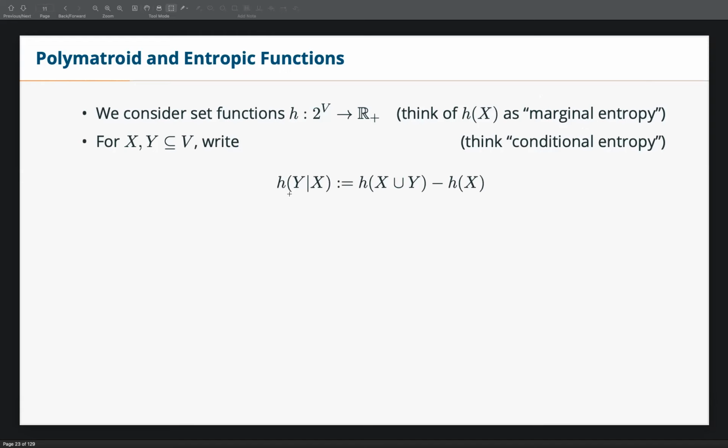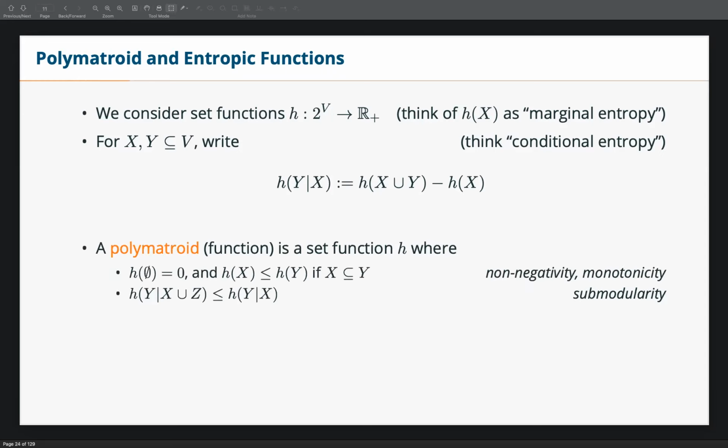So h of y given x, I will define to be just h of x union y minus h of x. But you should think of it as how much uncertainty I have on y given that I know x. So fix x to be something, then how much uncertainty do we have on y?